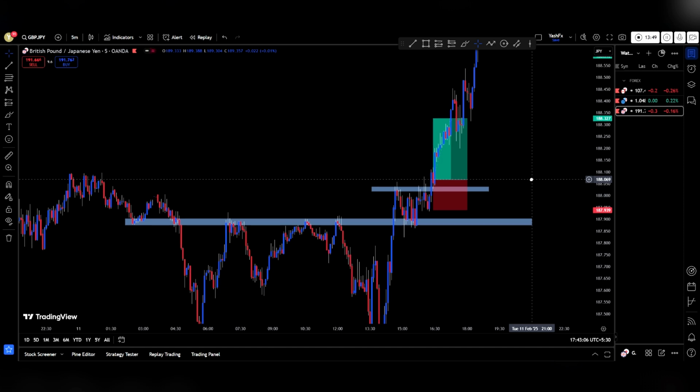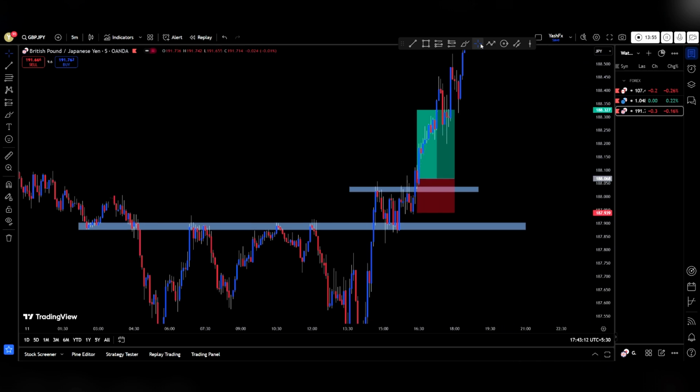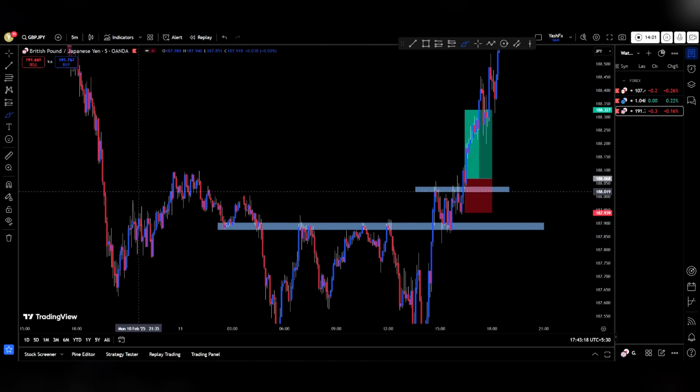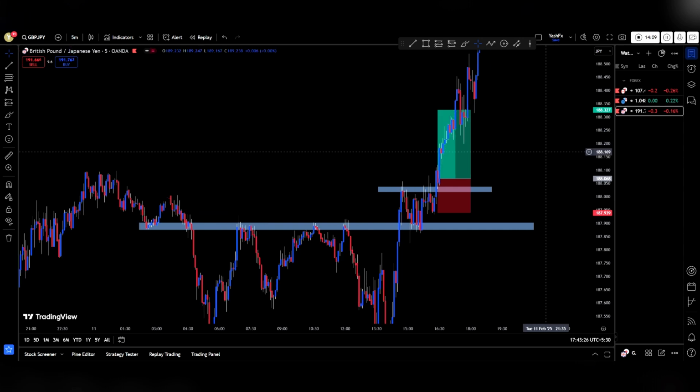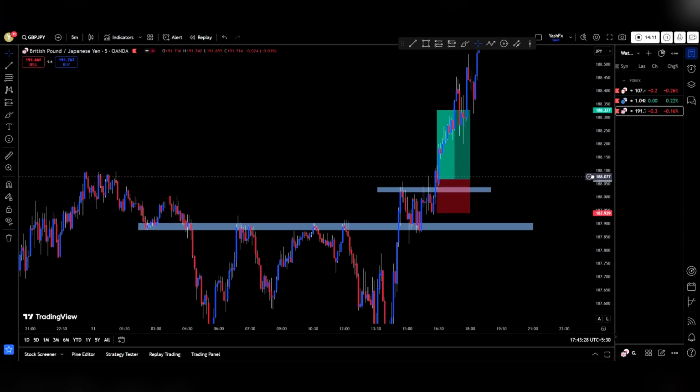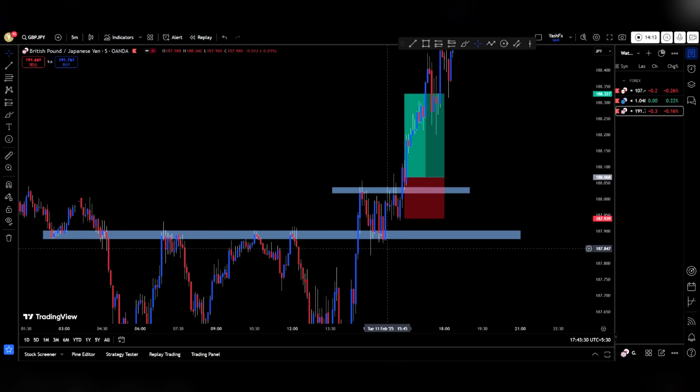The trend was in uptrend, and I know the trend is in uptrend, so I waited for the setup. As you can see, I could have taken a trade here, but I have not taken a trade here, because here was so much support, this resistance area, and this liquidity and supply and this zone. So I waited for these zones to get clear.